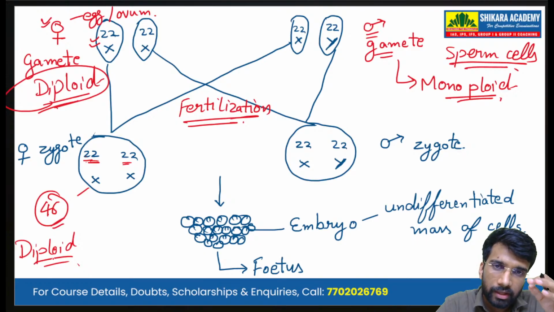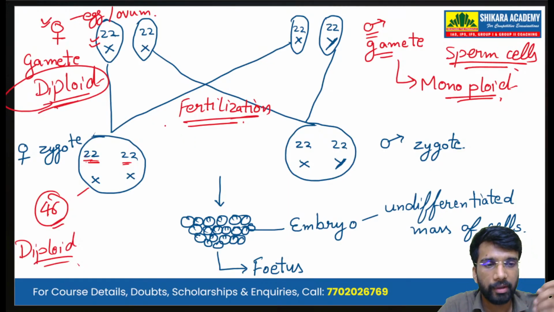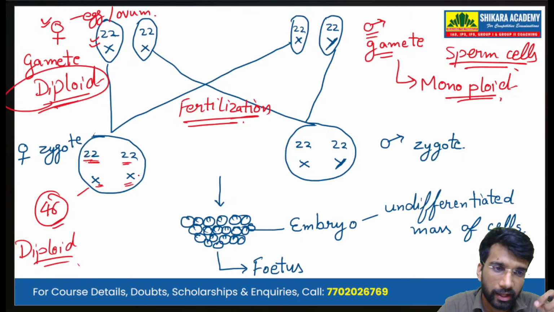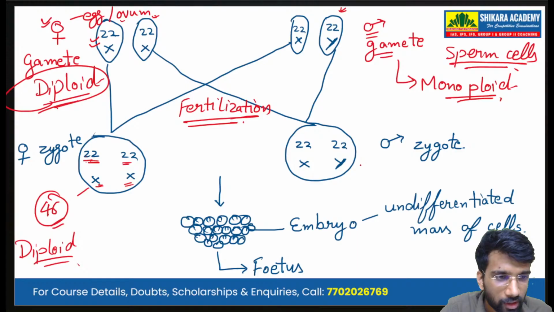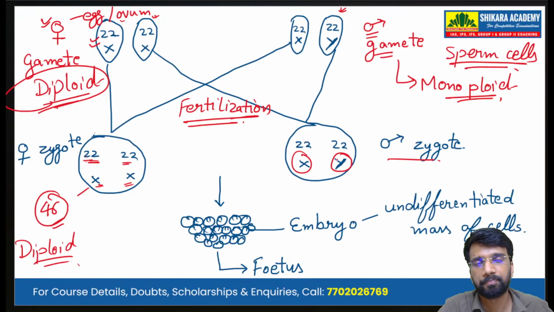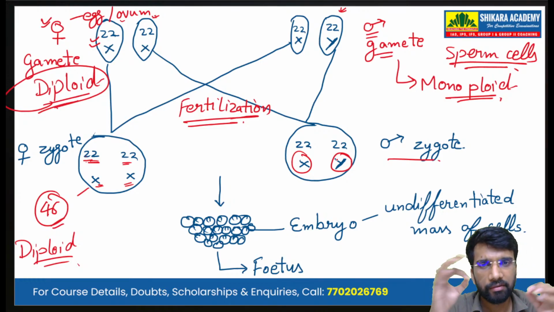Now, there is a 50-50% chance that the zygote can be male or female. If it has two X chromosomes, then it will become the female zygote. And if the gamete has fused with either of these gametes, we will get a male zygote having one X and one Y chromosome. The zygote divides and ultimately gives us the embryo.